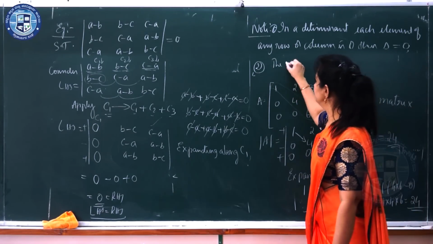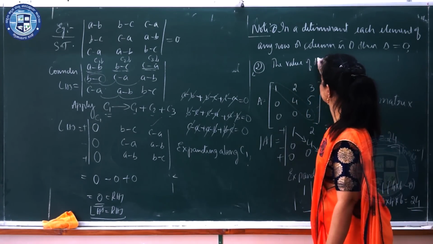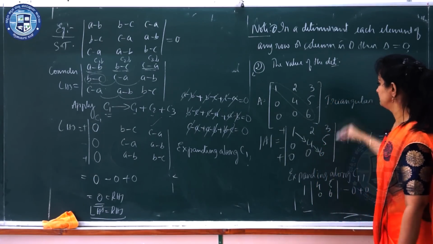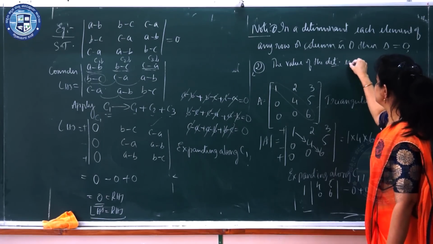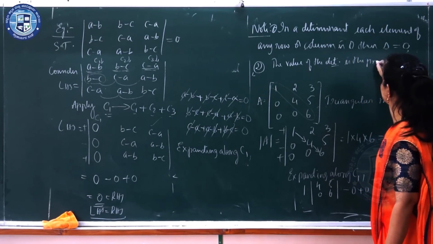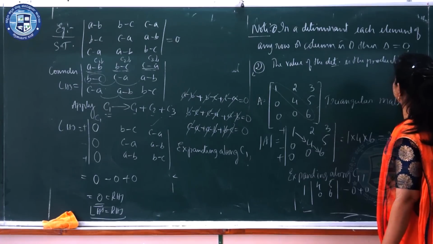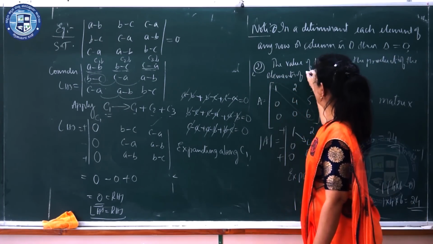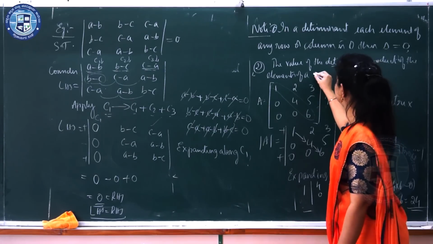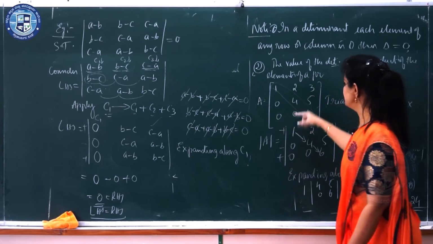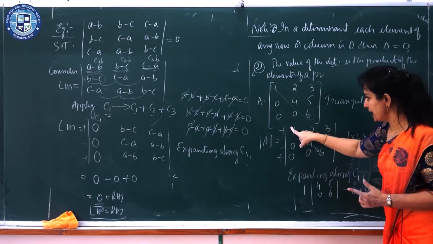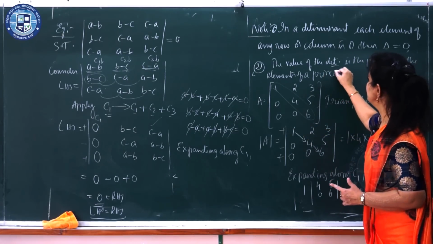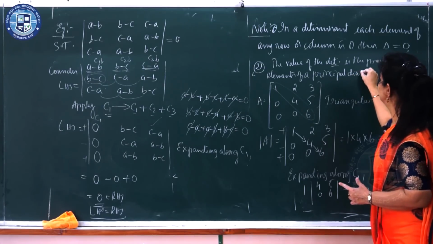The value of the determinant is the product of the elements of the principal diagonal. Principal diagonal means the diagonal which starts from the top left to the bottom right.